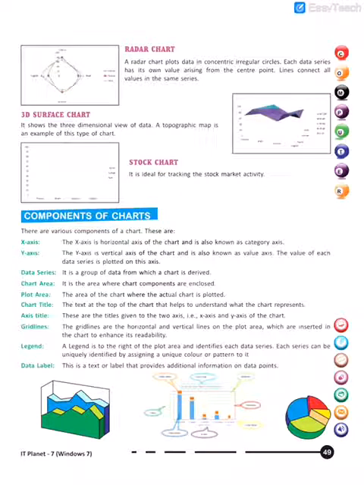Now, what are the components of a chart? The horizontal axis, which is the x-axis, and the y-axis, the vertical axis. Data series, or the data points, the points through which the plot is drawn. Chart area, which is the area of the chart. Plot area, which is the area within the chart where the data is plotted.